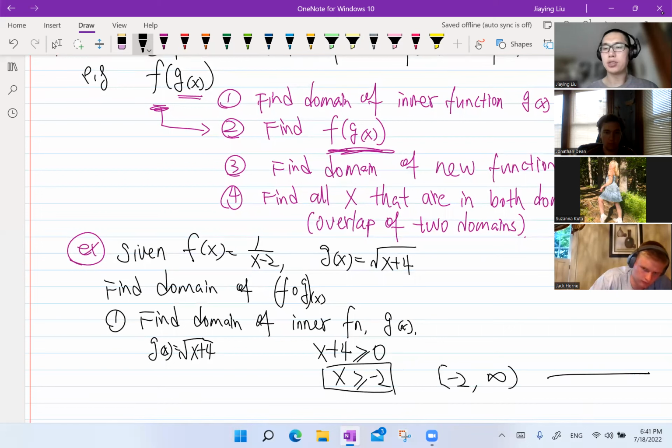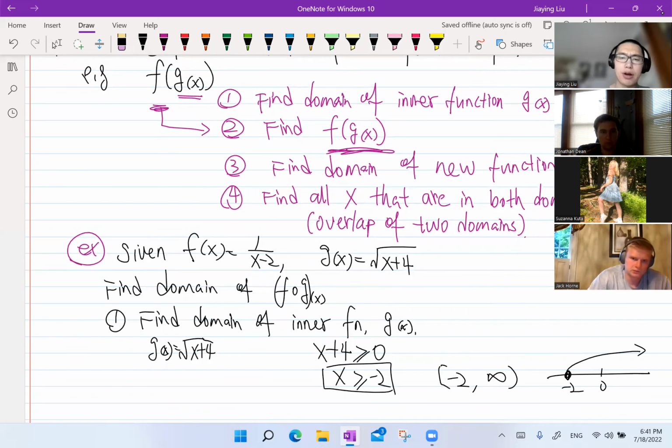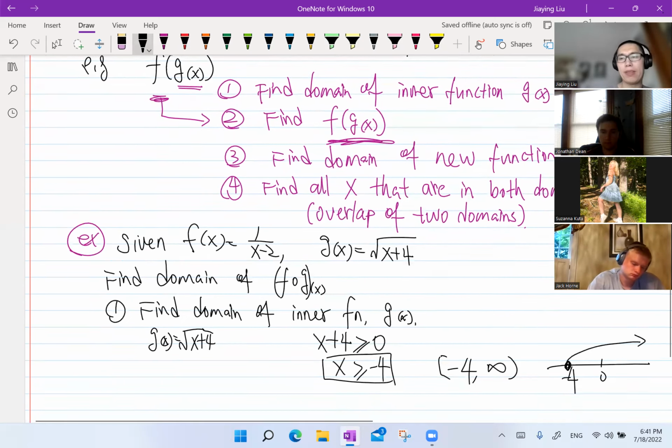On the number line, it goes from -4 all the way to positive infinity. So the domain for g of x is from -4 to positive infinity. That's the domain of the inner function.